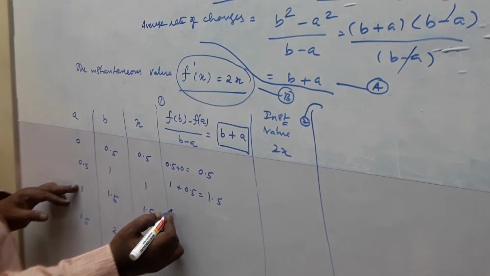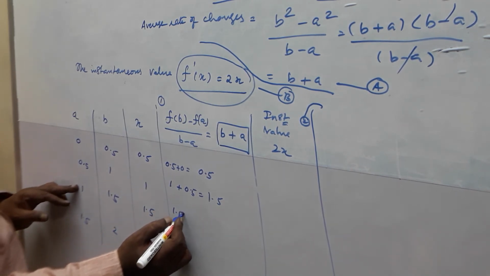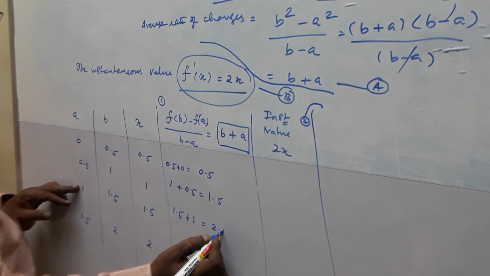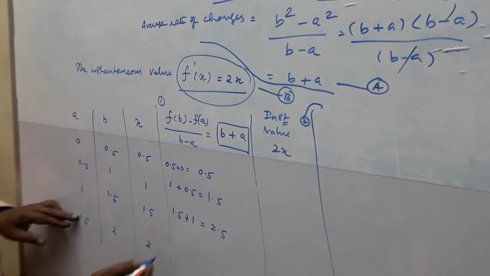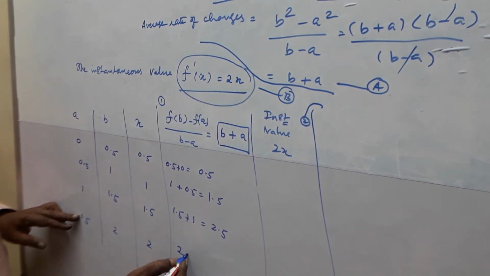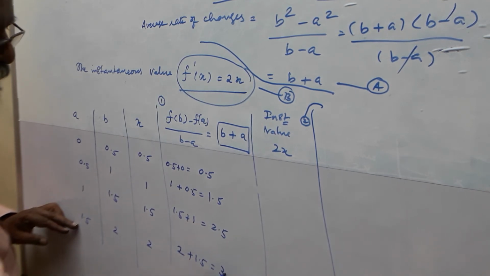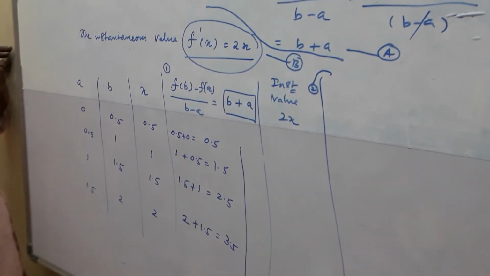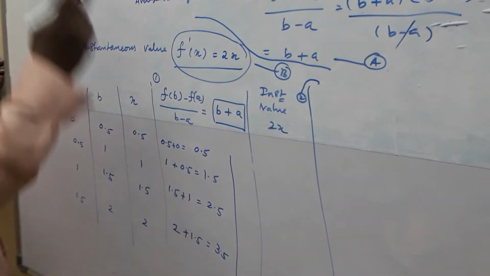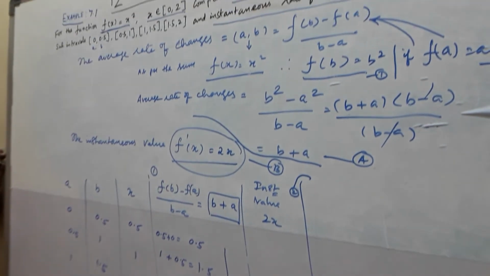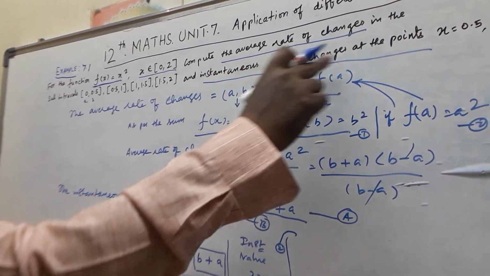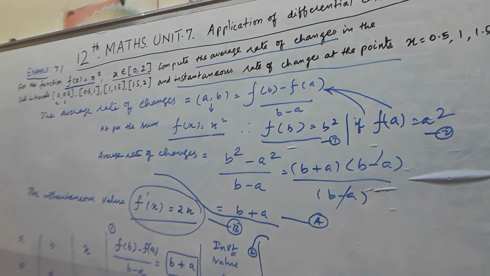Then third one, b 1.5 plus 1, that's equal to 2.5. Now b equal to 2 plus a equal to 1.5, that's equal to 3.5. This is the value of the average rate of change for the given intervals.